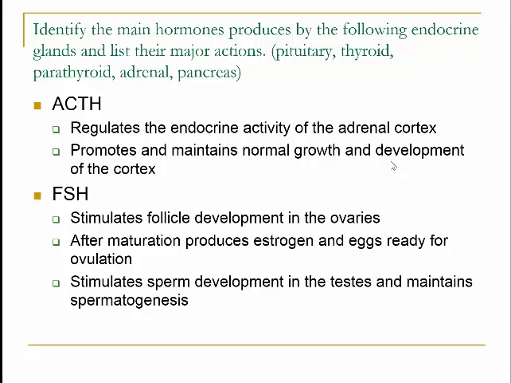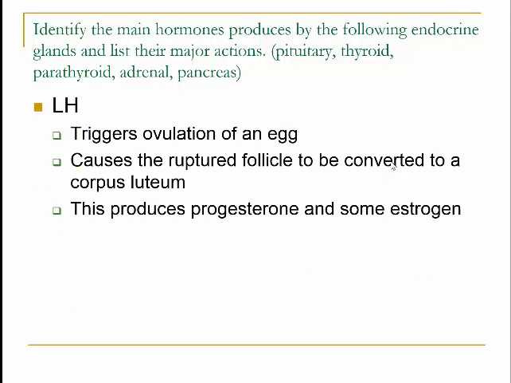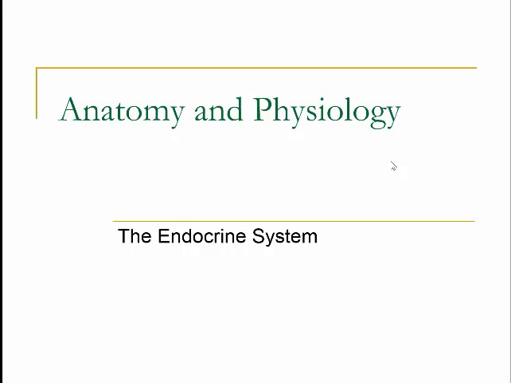In the males, it helps stimulate sperm development and helps maintain spermatogenesis, which is the development of sperm. Finally, luteinizing hormone, or LH, is what triggers ovulation of an egg, and it also helps produce progesterone and some estrogen. That's looking at the anterior pituitary gland.